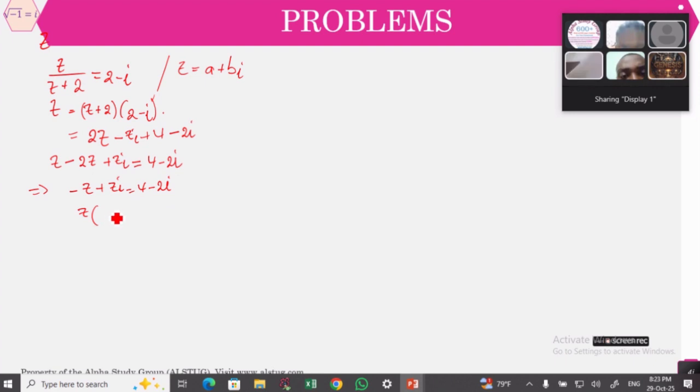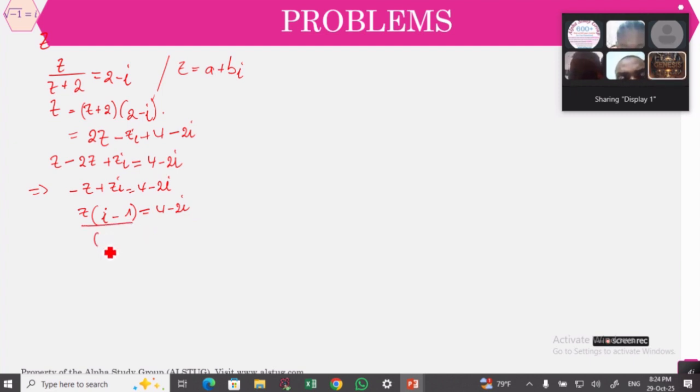We find out z, we'll be left with i minus 1. I interchange the i and the z, because I like the positive just in front, equals 4 minus 2i.